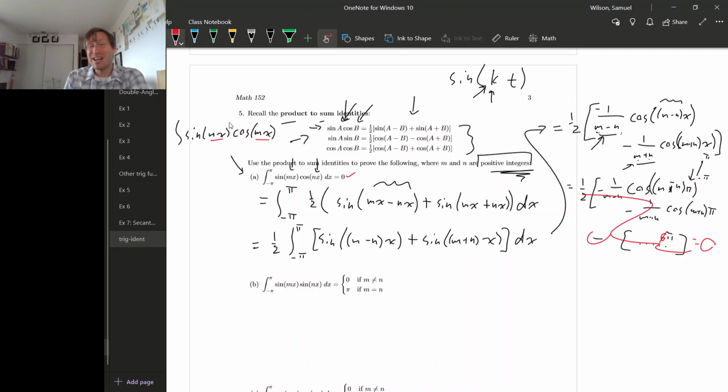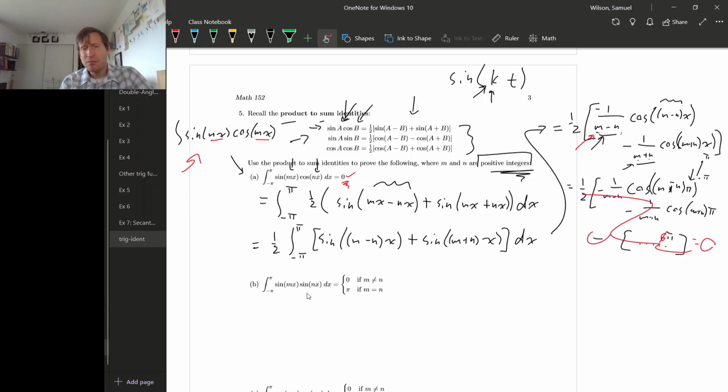So now you could use a double angle formula or use substitution straight away to calculate this antiderivative. So in the rare case where m and n are equal, there's actually a different trick that will let us calculate the integral. If we do that trick for the case where m and n are equal, you do still get 0.